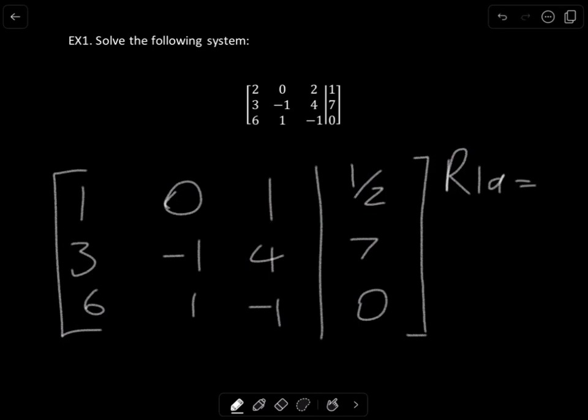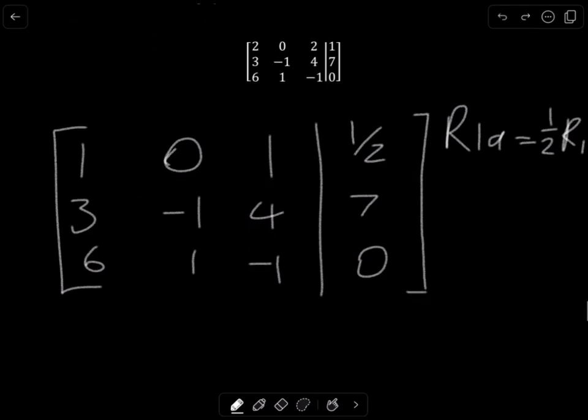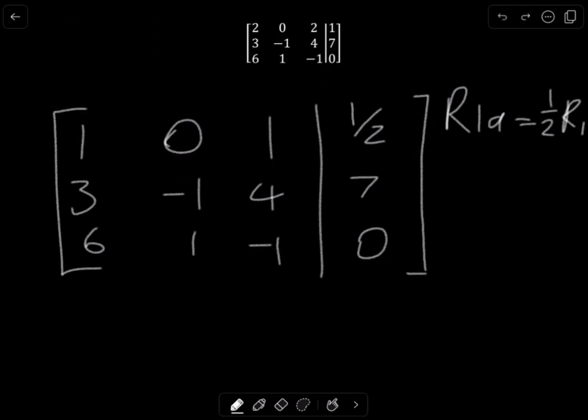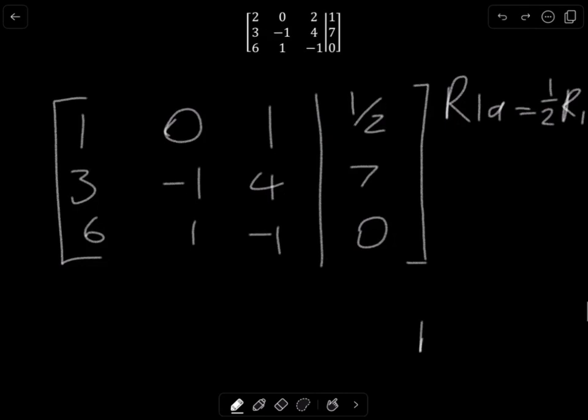We halved the original row 1, so it's equal to half row 1, and put it in line with the row that you performed it with. And then if you do another operation on row 1 later, you'll say row 1b is equal to, let's say you times row 1a by 3, so you'll say 3 times row 1a. That's what you can do.